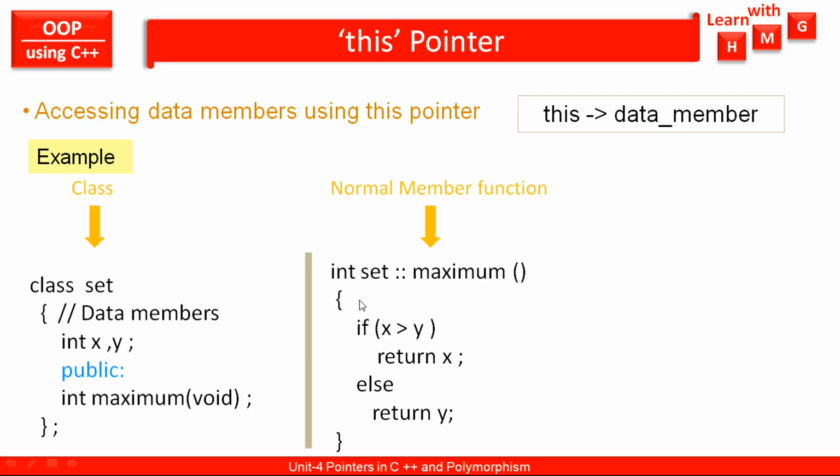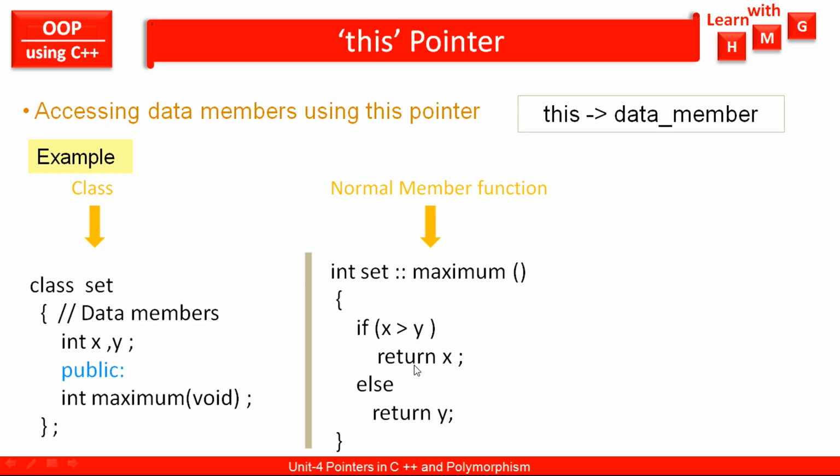So the maximum function is a member function of the set class, and the data members of the set class are x and y. Within this member definition we can directly use the data members in any statement. For example, here an if statement is used to compare the values of x and y. If x greater than y, then return x. So this function returns an integer type of value.